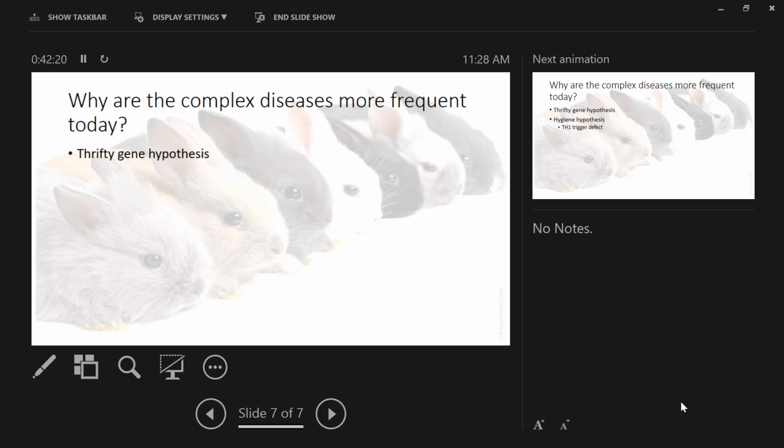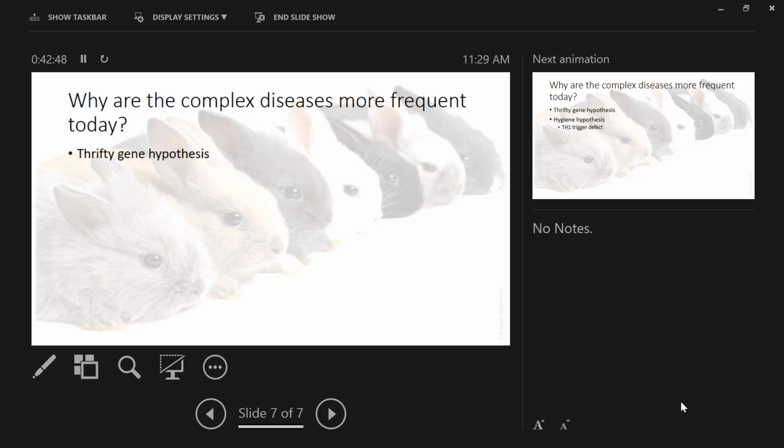It's basically like we had certain mutations, certain variants in genes that made it really helpful for us to put on fat easily and store up some resources for periods of famine, when you didn't have enough to go around. It works really well when you may eat one day and not eat for 3 or 4 days. But it doesn't work all that well when you're eating 3 pretty nice meals a day.